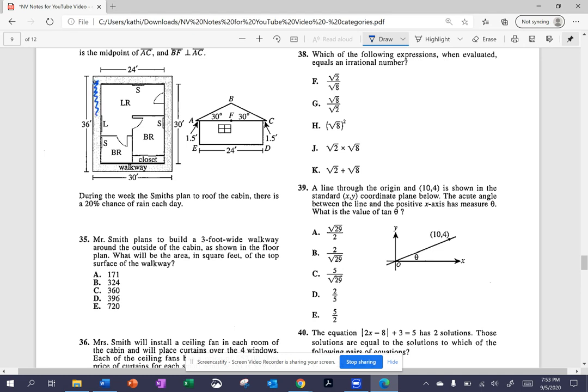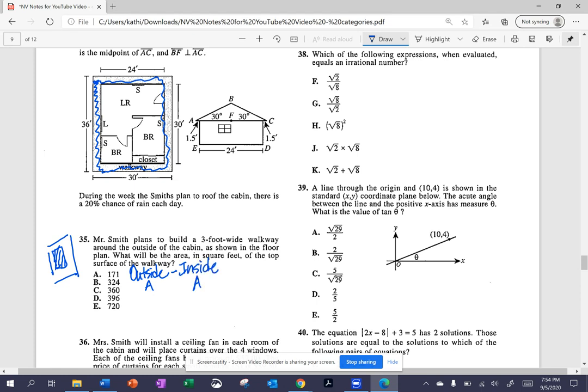So I want to know what's the area of this right here. So I got some dimensions, and I have an outside and an inside. So I'm going to subtract out the inside value. I'm going to say the outside value minus the inside value to give me the sidewalk. So the outside area minus the inside area.